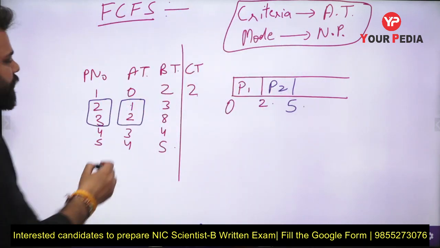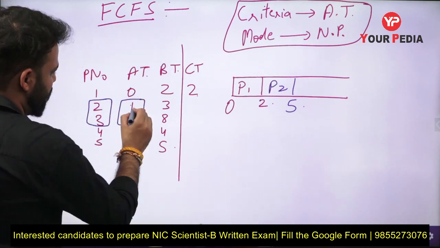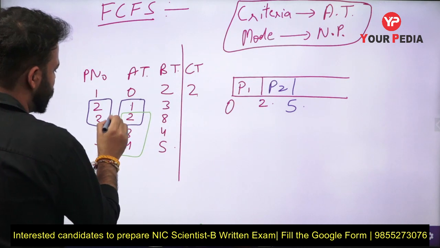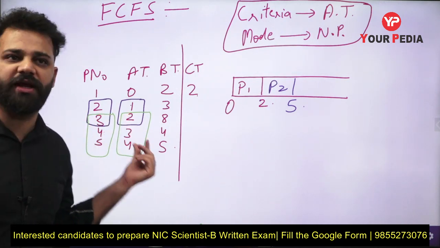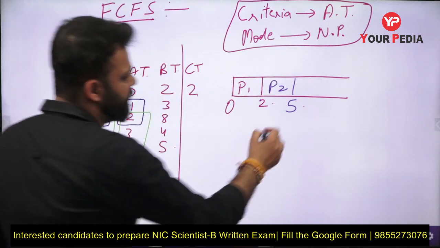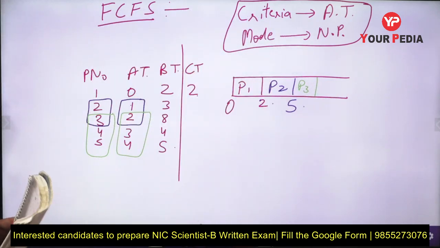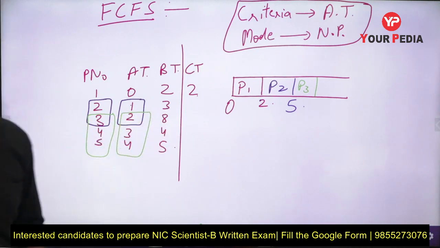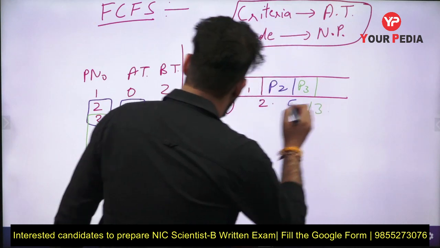Now at 5 seconds, all the jobs have arrived into the system. The jobs P3, P4, P5 have arrival times 2, 3 and 4. So the lowest arrival time is for P3, so P3 will be given the CPU. It enters at 5 seconds and it requires 8 seconds, so it will run till 13 and be completed.